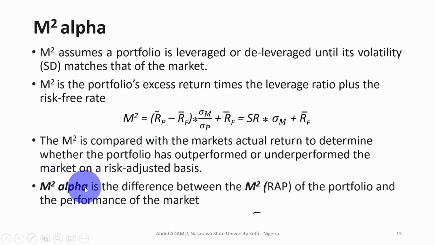So MSquare Alpha is the difference between the value of the MSquare and the return of the market. That is the MSquare we calculated minus the return of the market.